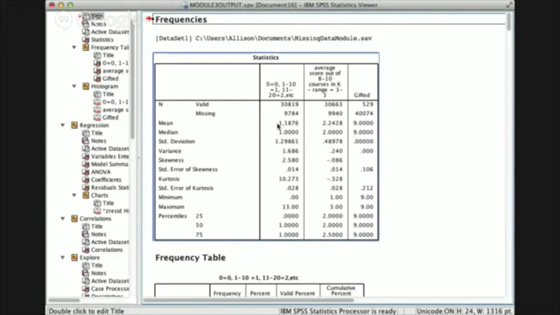Then it shows you the mean. Most kids fell within the range of 1.18, where a score of 1 is anywhere between 1 and 10 tardies. That makes it more difficult because you have to think about it within that range rather than the actual number of tardies. The median is off of the mean, so we can assume that it's skewed, and the skewness of 2 is pretty high.